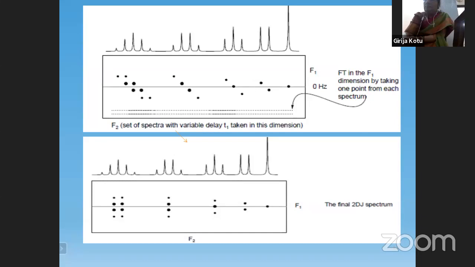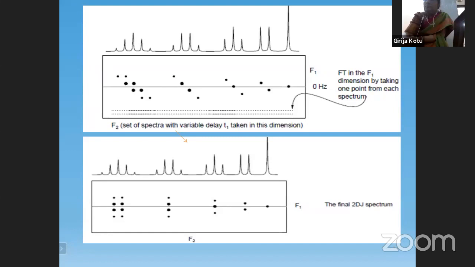The reason is that a particular signal in a 2D NMR spectrum will occupy only a single space line, because in the 2D NMR, the COSY spectrum, the x-axis will have only chemical shift values. It will not have any J values. In 1D, a doublet occupies how many lines on the x-axis? 2 lines.